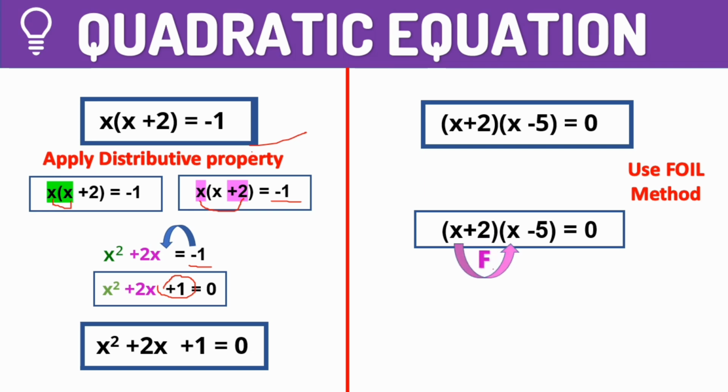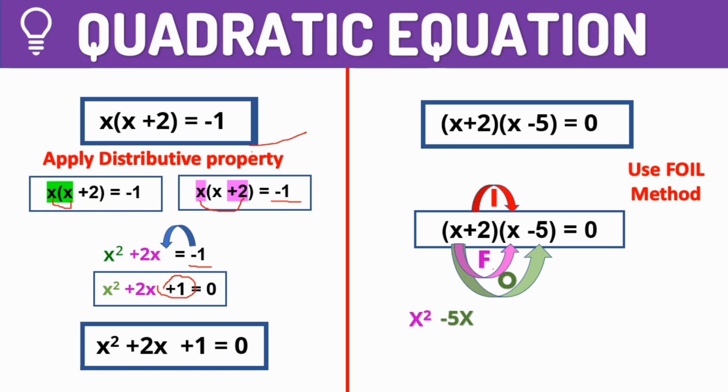Okay, x times x. The answer is x squared. Followed by the O, or the outer term. The outer term is this x and -5. So x times -5, we have -5x.